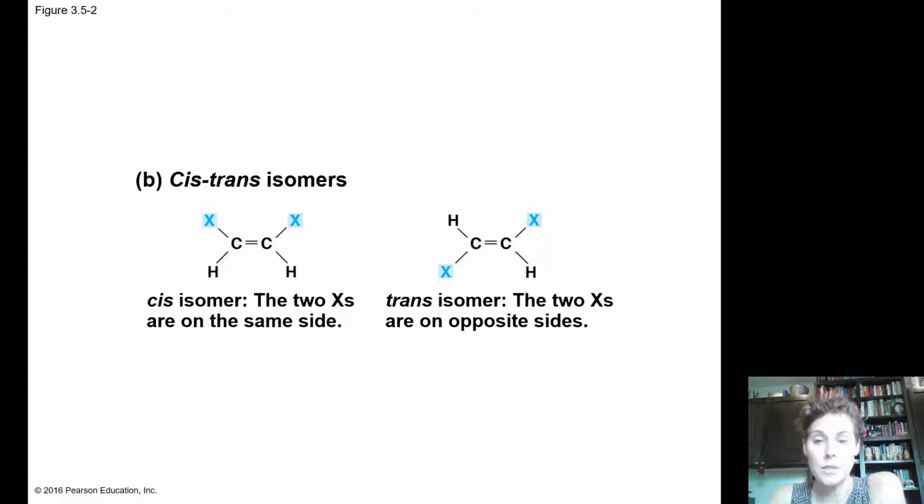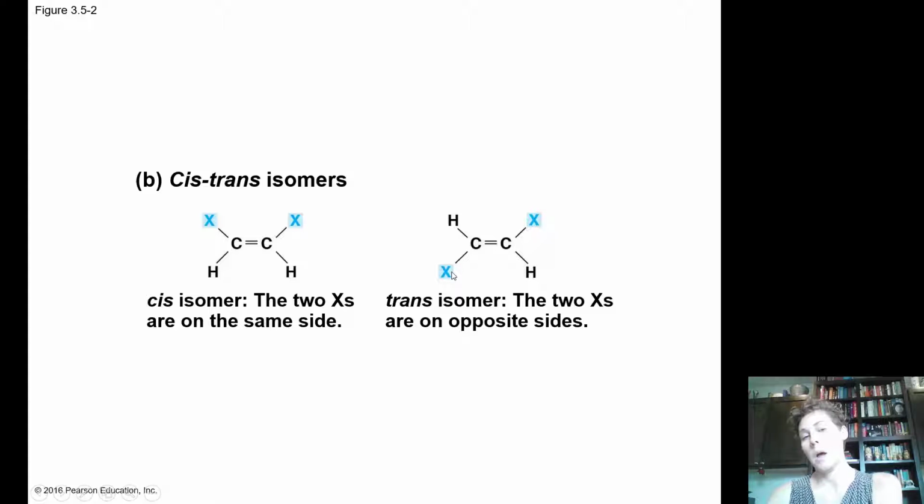It's a little bit structurally different, but whatever these two X's are, in the cis isomer, the two X's are on the same side, but in this example, they're on opposite sides. They're catty-corner from one another.